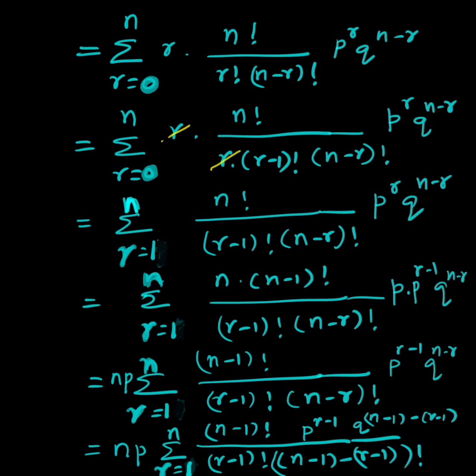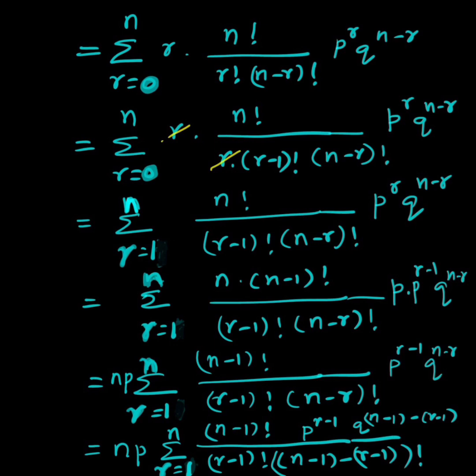For this purpose, we add and subtract 1 in both of the terms. So the summation contains np into sigma r equals 1 to n, (n minus 1) factorial, p^(r minus 1), q^(n minus 1 minus (r minus 1)), and the denominator contains (r minus 1) factorial into (n minus 1 minus (r minus 1)) factorial.